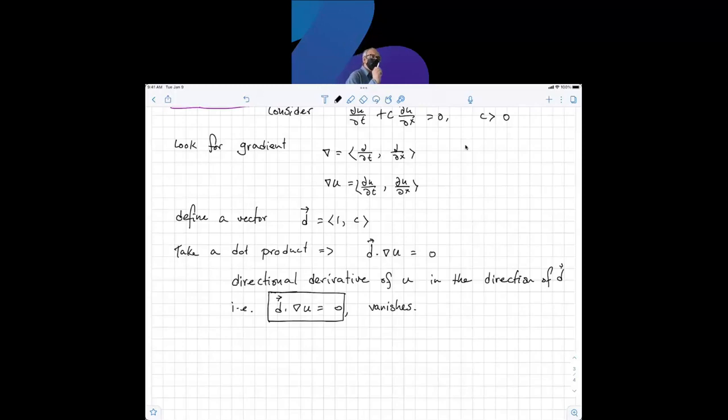So when a derivative vanishes, what do we say about a function? If the derivative of a function vanishes, what does it mean? The function is a constant. Derivative of a constant is 0. So the directional derivative vanishes.